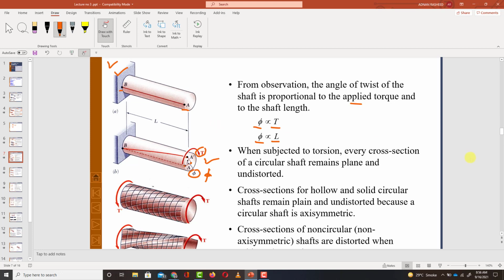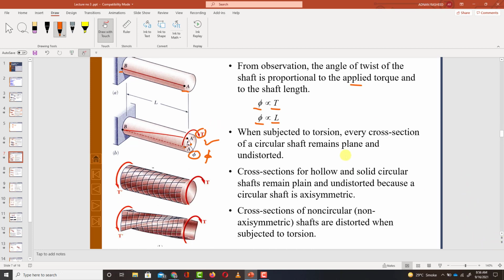Clear? Now when a shaft is subjected to torsion, every cross section of a circular shaft remains plain and undistorted. So if we assume this is the same shaft and it is subjected to torques at both ends, and these are opposite torques, you can see that for a circular shaft, if you apply the torque, there will be a distortion, there will be a shear strain.